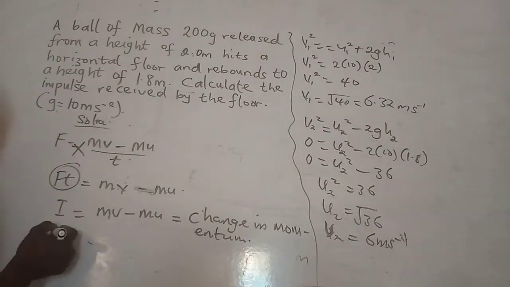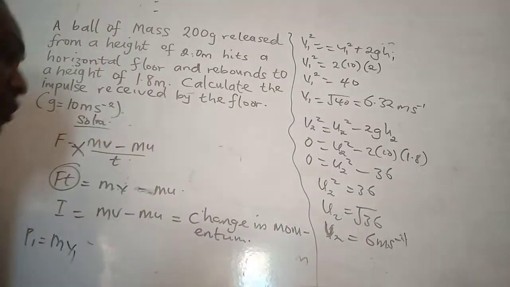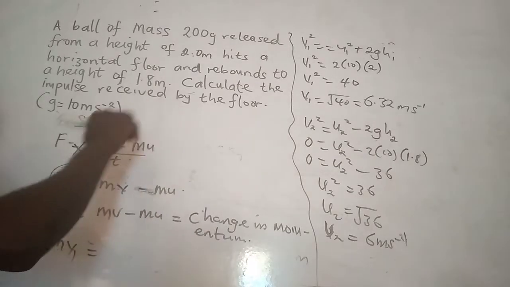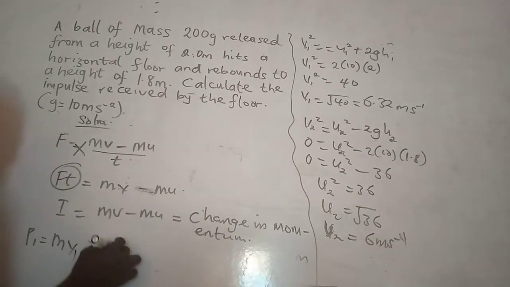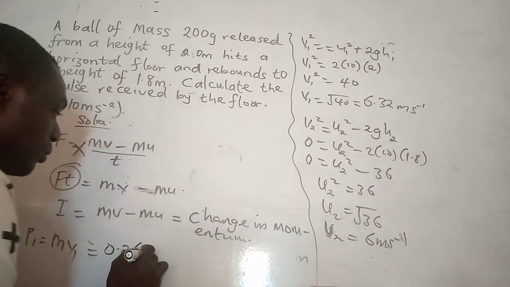So I'm going to calculate P1, which is equal to mv1. The mass from our given parameters is 0.2 times v1, 6.32.